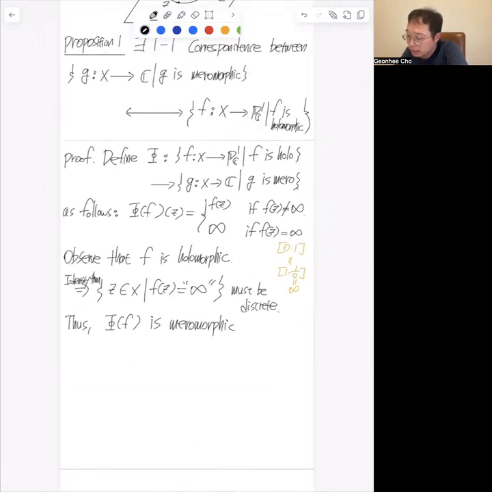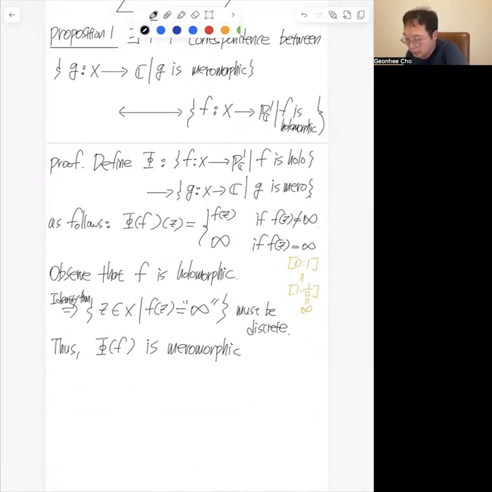We want to say this map is a bijection. Why is this map a bijection? First, we need to see whether or not this map is one to one. If we choose two distinct holomorphic functions, then it's clear that the corresponding function values by this map big phi must be distinct.